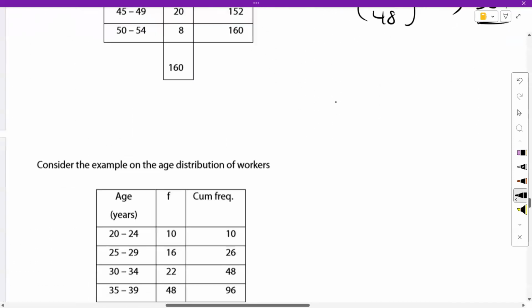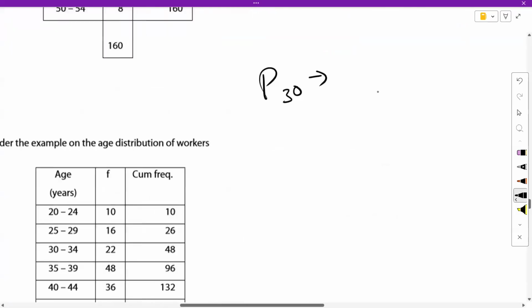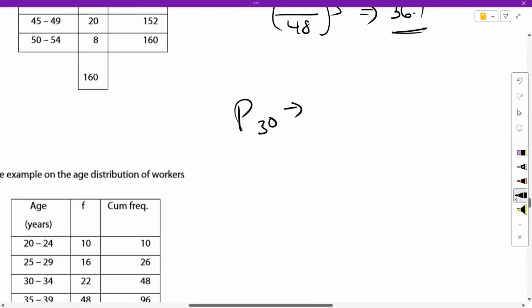Let us work on how to calculate percentile, for example P30. In this instance, P means percentile. So therefore, that is 100 equal parts. And K is the 30th observation.